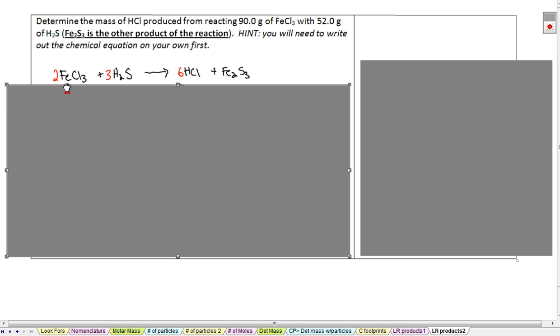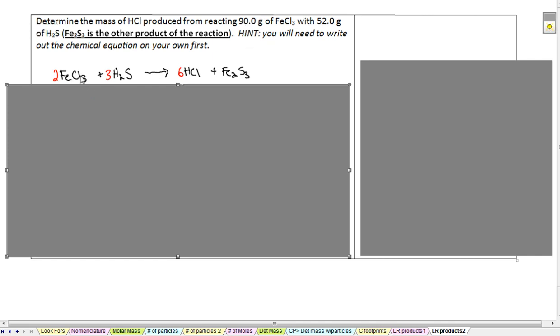I've got 2 irons here, I need to put 2 there, which is nice because it takes that odd number of chlorine and makes it even, 6 chlorine, so I need a 6 here. And then I'll need to multiply my dihydrogen sulfide by 3, to give me 6 hydrogen, but it also gives me 3 sulfur.